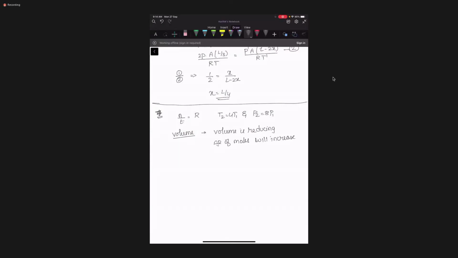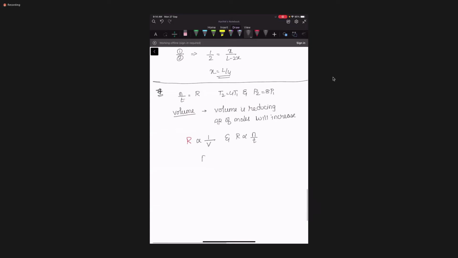So R is inversely proportional to V, and R is directly proportional to the number of moles leaving.